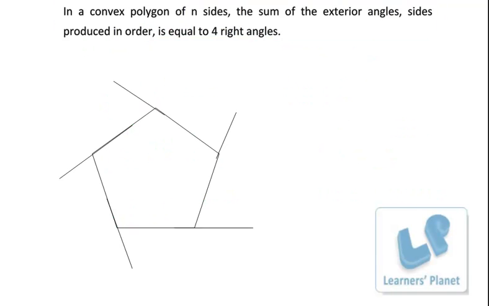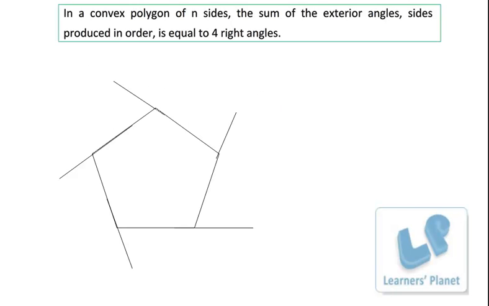Now an important theorem or logic over here. In a convex polygon of n sides, the sum of exterior angles, sides produced in order, is equal to 4 right angles. Now what it wants to say, I just take the example of a pentagon over here, and you can solve it for all other polygons also.